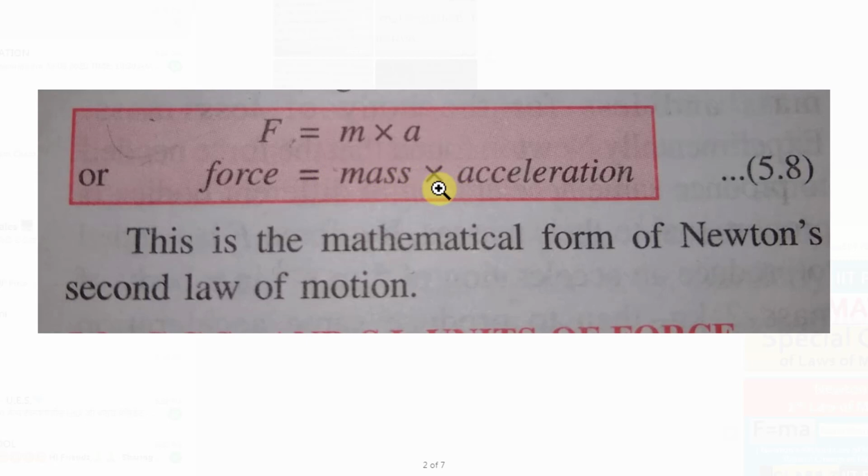In the last class we discussed, whenever we apply force on any body, its velocity changes. Its velocity can increase or decrease, and when its velocity changes, it produces acceleration. So force is a product of mass and acceleration.